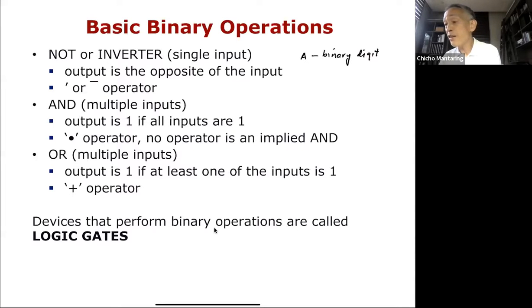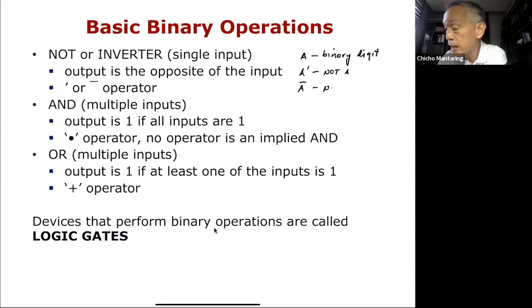Then NOT A is A apostrophe. Or A inverted. Sometimes we also use this, so this is also NOT A. So you either use the apostrophe sign or the overscore sign.